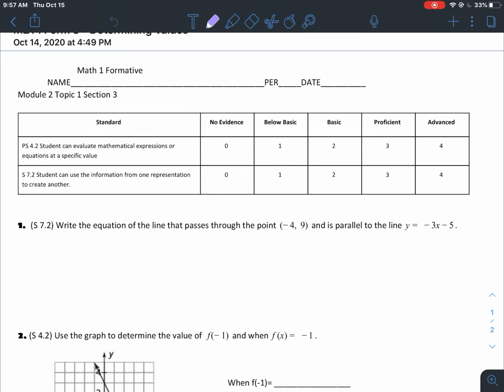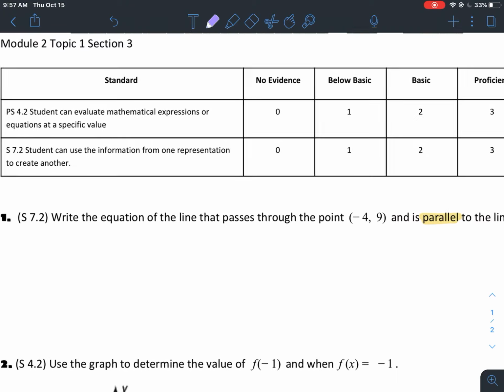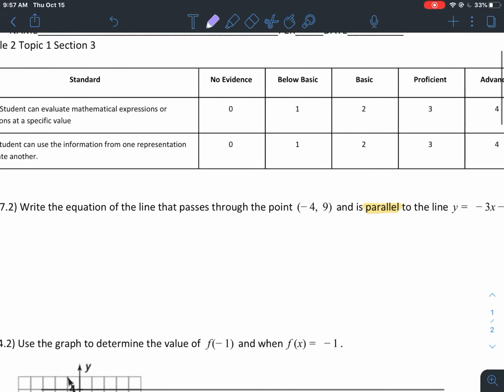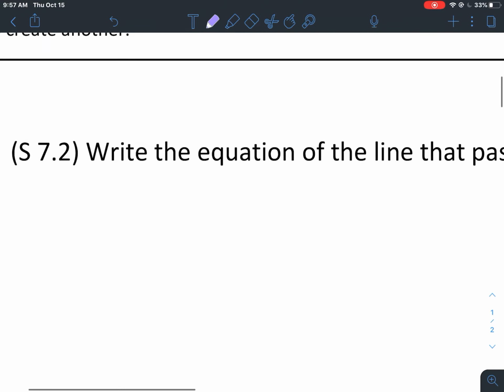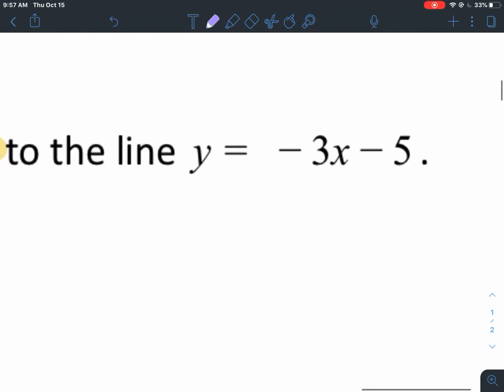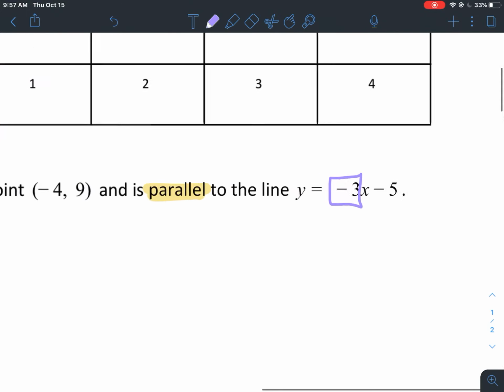Write the equation of the line that passes through the point (-4, 9) and is parallel to the line y equals -3x minus 5. So for these, we need a slope, and since it's parallel, it'll have the same slope, so -3, same slope.